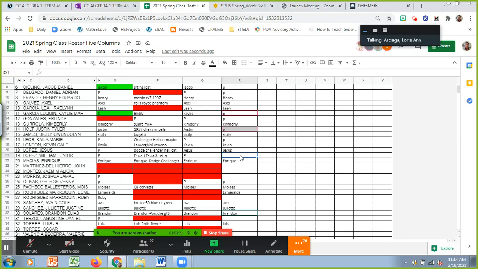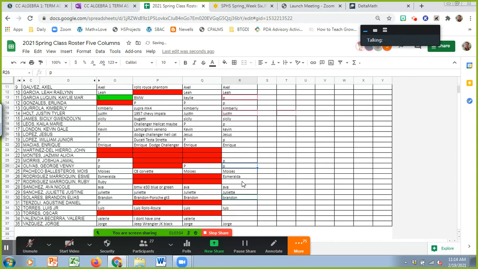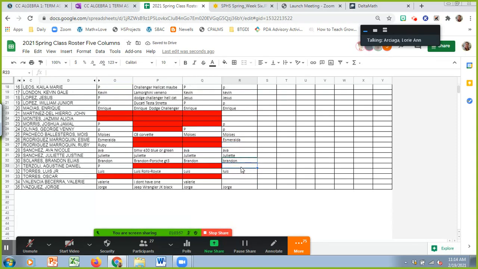Lopez William, yes, is here. I saw Joshua. Joshua, we miss you for several days, honey. What's happening? Are you okay? I saw him logging in earlier. Okay. Alright, so how do I scroll this down to see the other participants? Okay, right there. What was I saying? Esme is here. Augustine, nope. Oscar, nope. And Valerie is here.